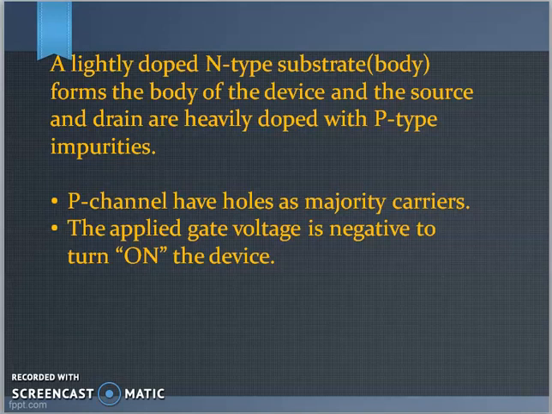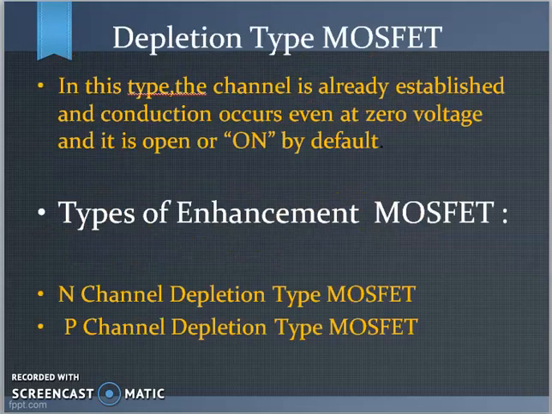P channel have holes as majority carriers. Now see the difference. P channel have holes as majority carriers and N channel have electrons as majority carriers. The applied gate voltage is negative to turn on the MOSFET.